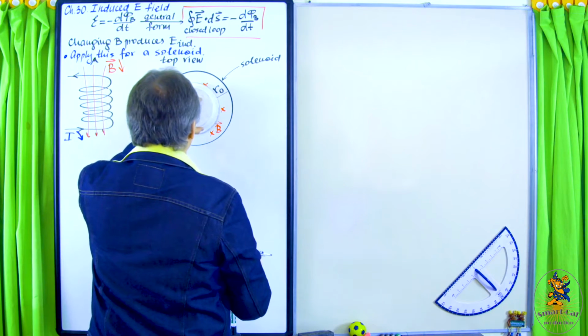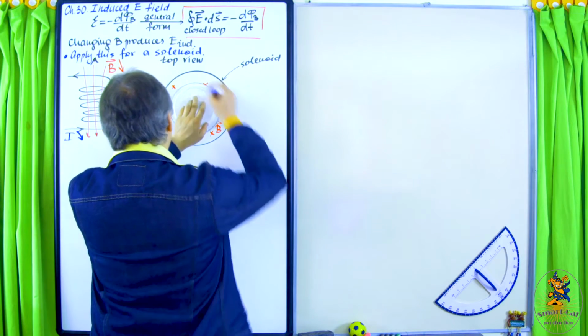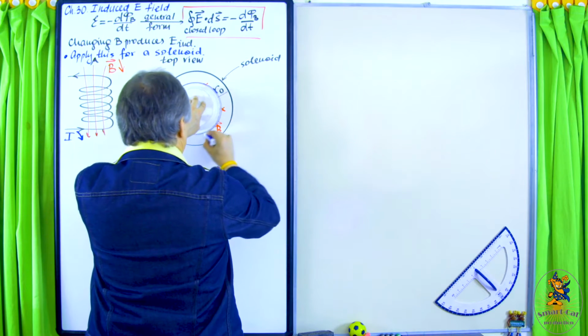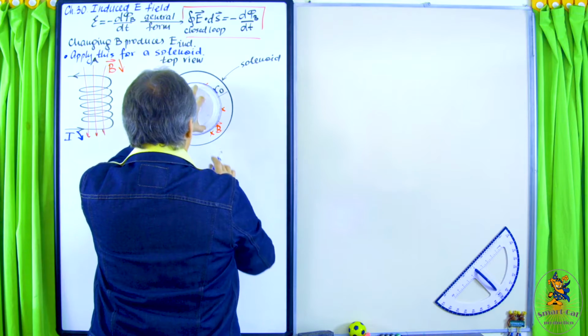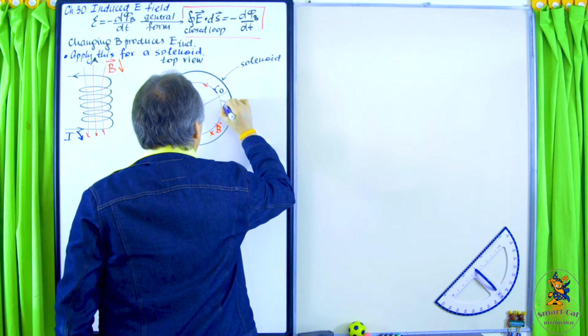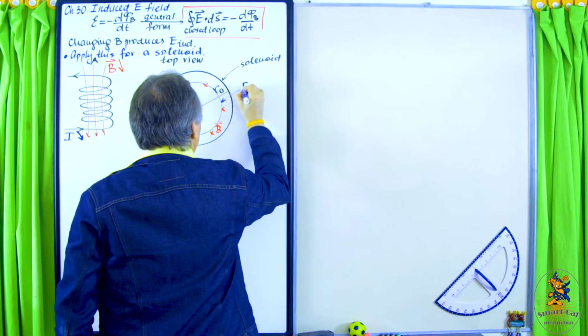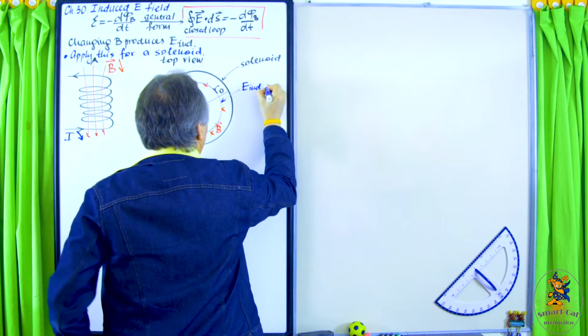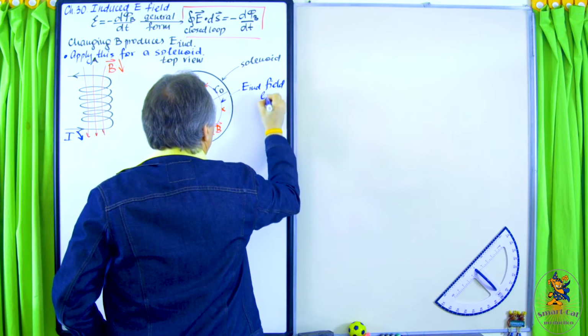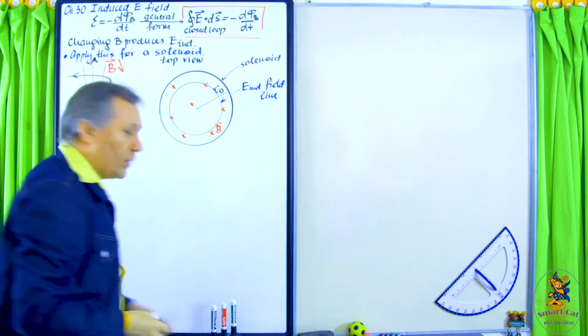All right. Something like this. So these are induced field lines, electric field lines. Okay, a line, one of the lines.